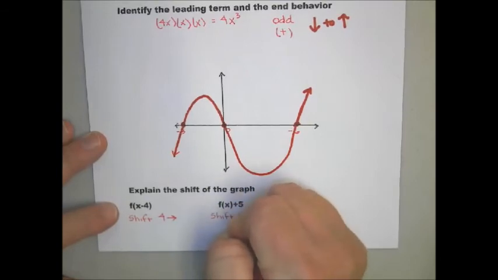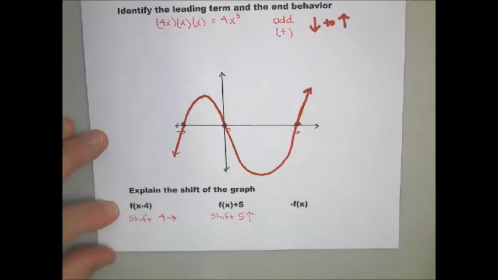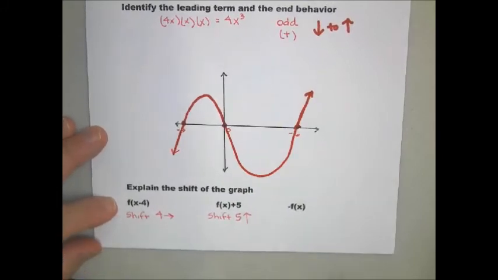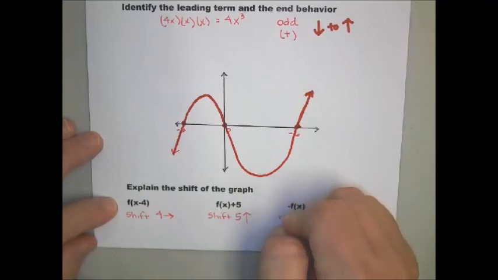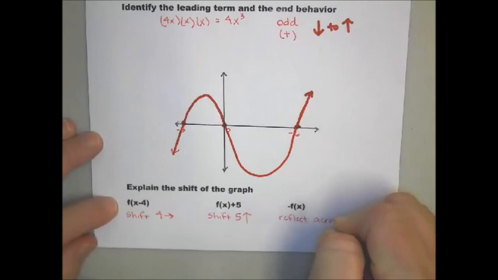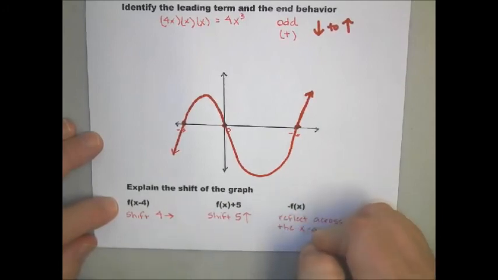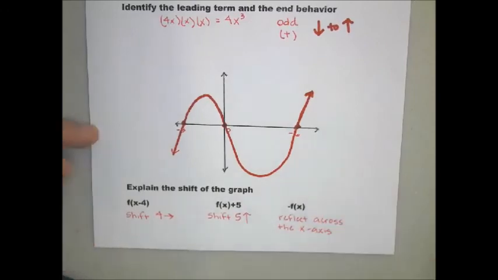Shift 5 units up. And then the last one, what if it was the opposite of f of x? That would be reflect across the x-axis. And that's objective 2.